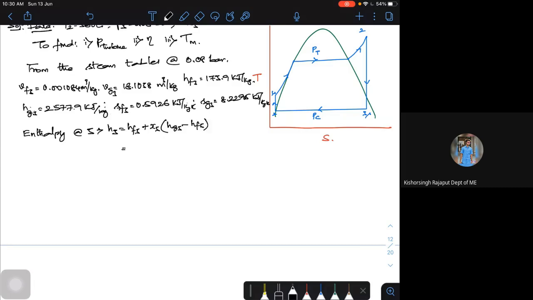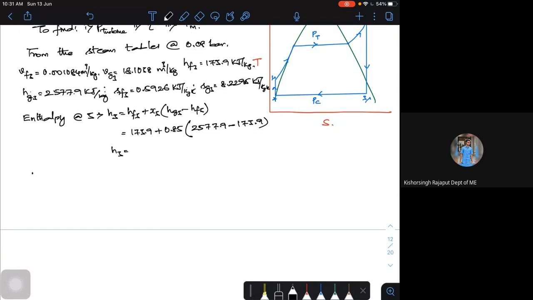HF3 is 173.9 plus X3, which is already given in the problem as 0.85, into 2577.9 minus 173.9. If I do that, I get my H3. How much is H3? Around 2000 plus you have to get.